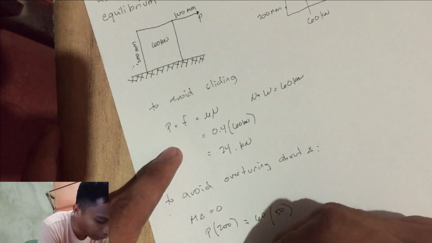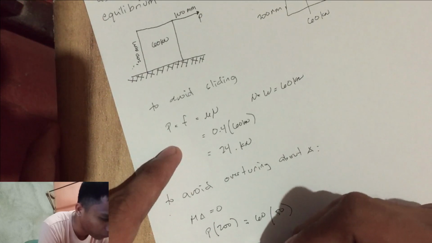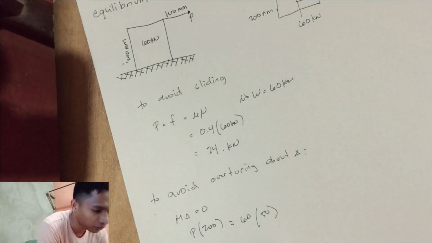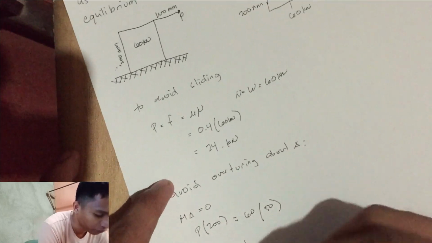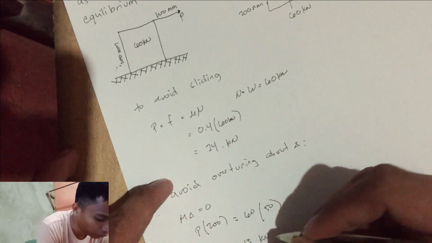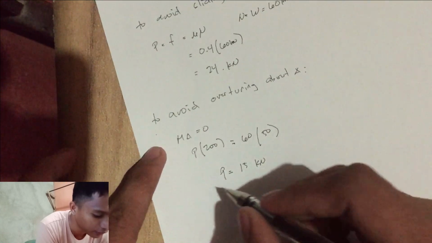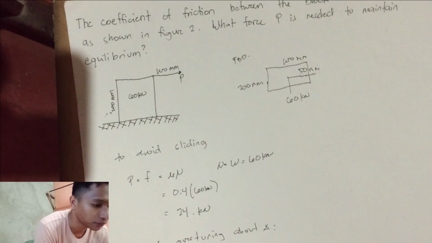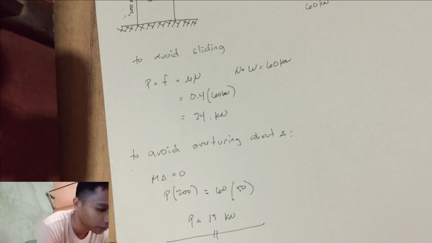So we have P equals 15 kilonewton. This is our final answer for question number 1.